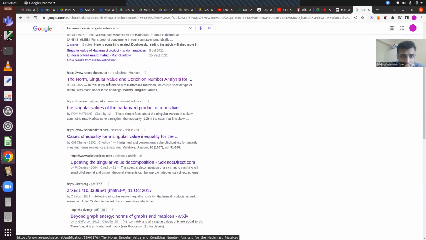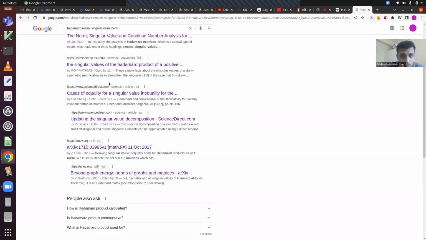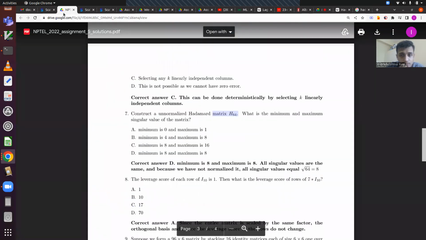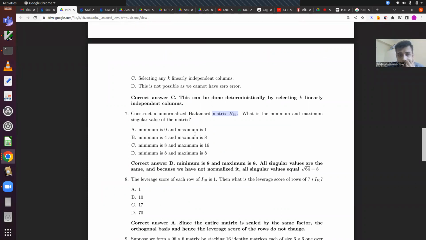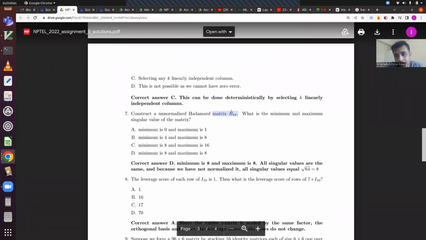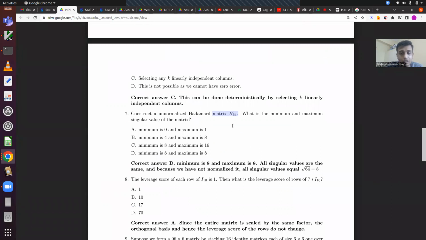Sir, I got the answer. Sir, it is the answers only. I read it, the explanation is very good. So basically, if we take the norm of each of the columns, then we have a sequence of 64 values of +1 and -1, right?